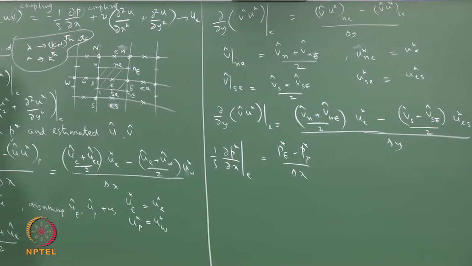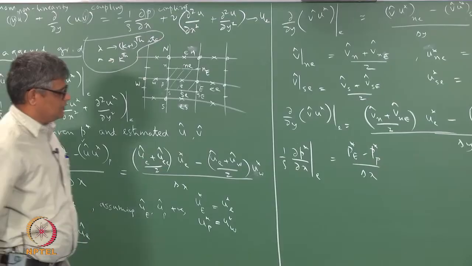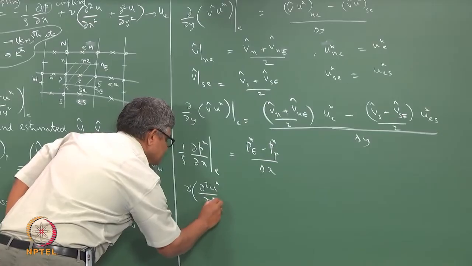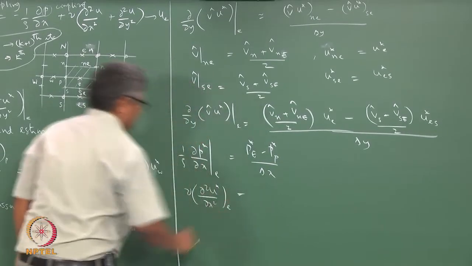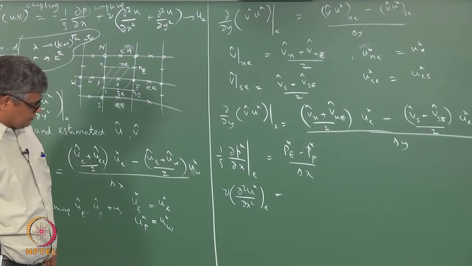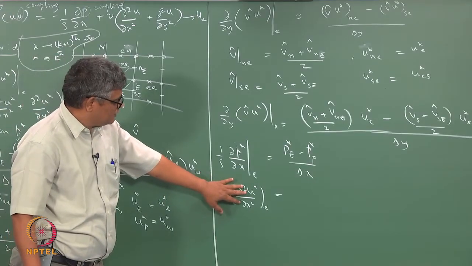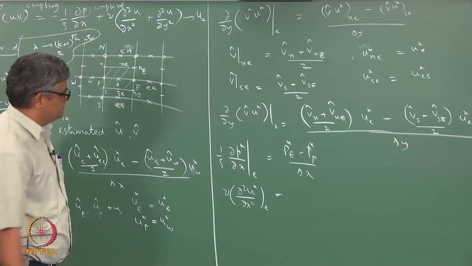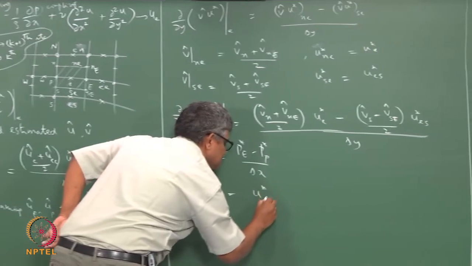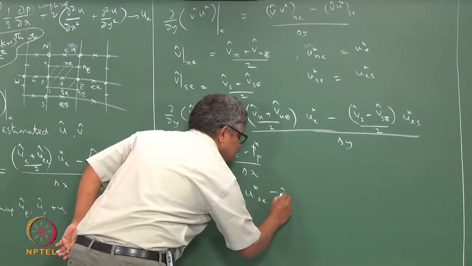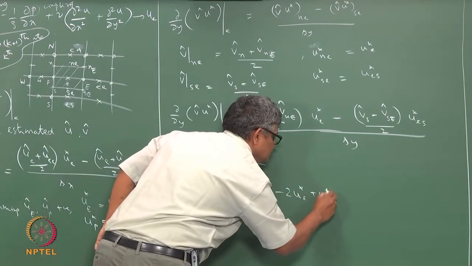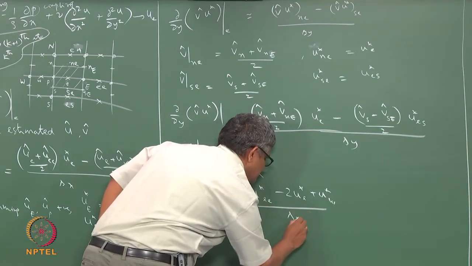So we have this. And now we have this quantity here, nu dou square u star by dou x square at E, which can be written as follows. Here there is no coupling, there is no nonlinearity. This is just a simple second order derivative. We can use second order central differencing to write this as nu times (u star EE minus 2 u star E plus u star W) divided by delta x square.